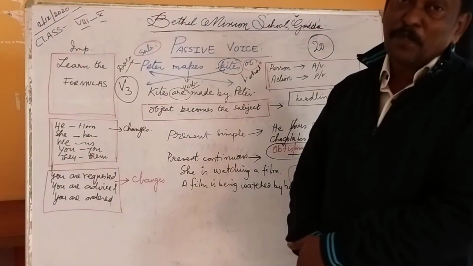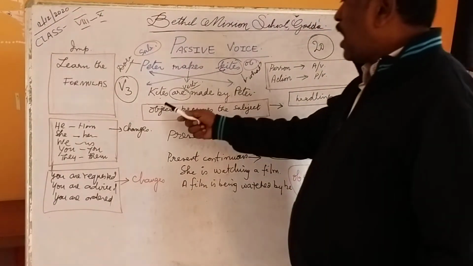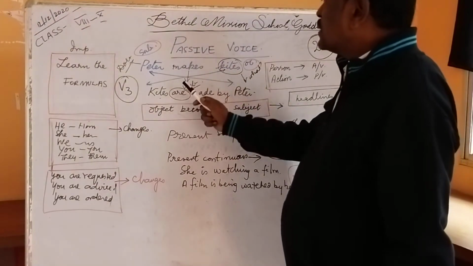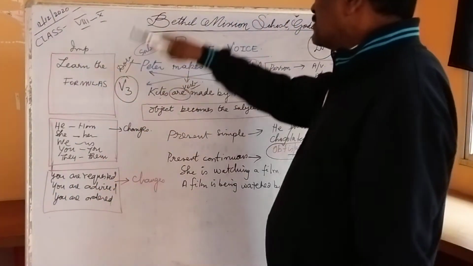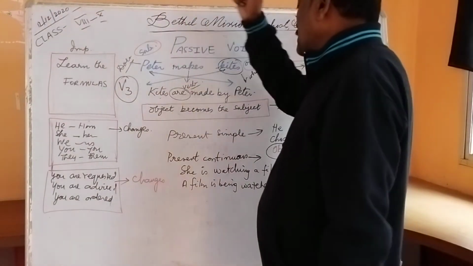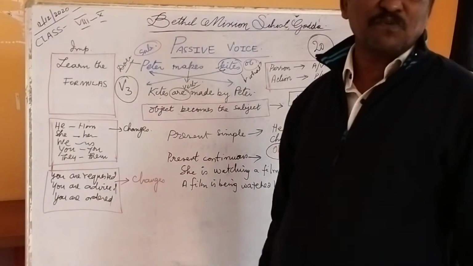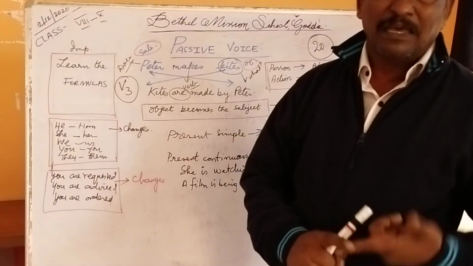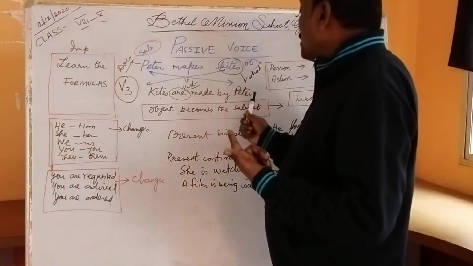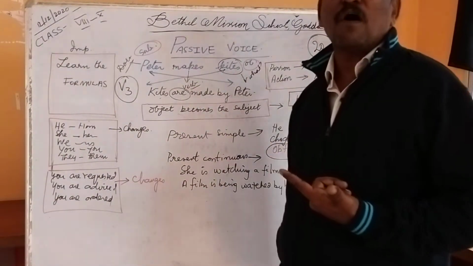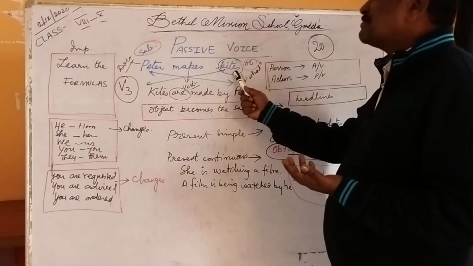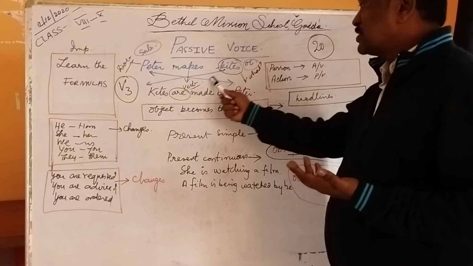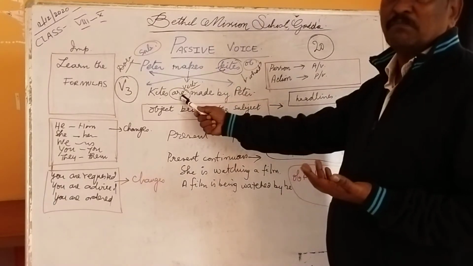Coming back to the rules once again, the object in the active voice becomes the subject in the passive voice, and the subject in the active voice becomes the object in the passive voice. They are interchanged. Number 2, the object might be in the singular form or in the plural form. For example, kites in this sentence is plural, so we use the plural verb.